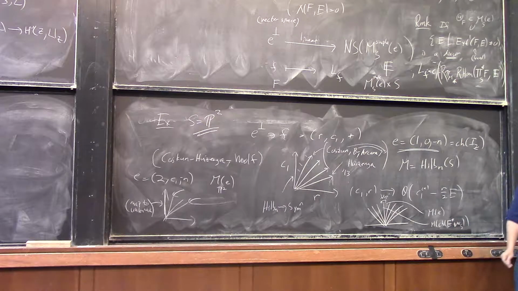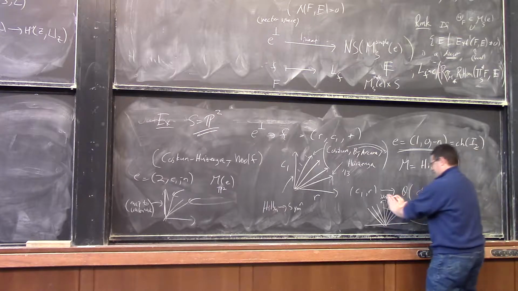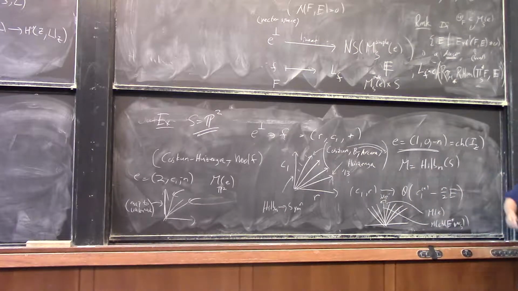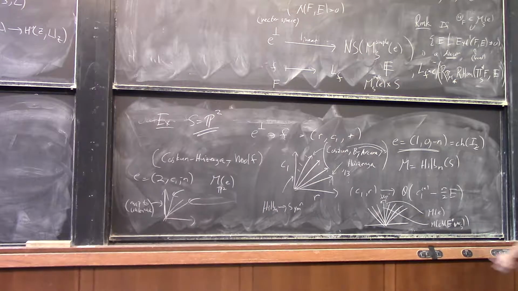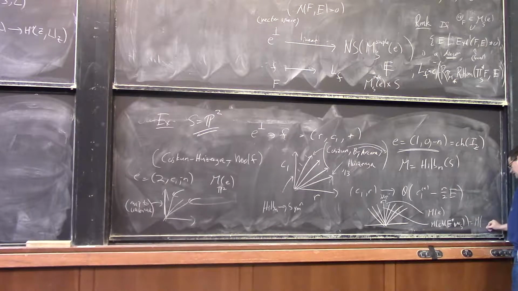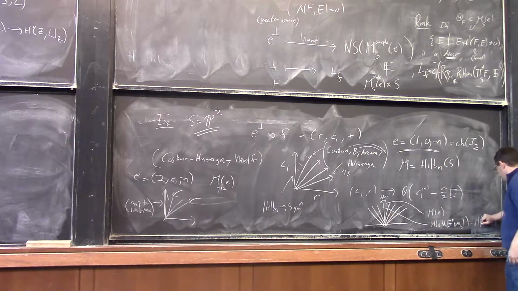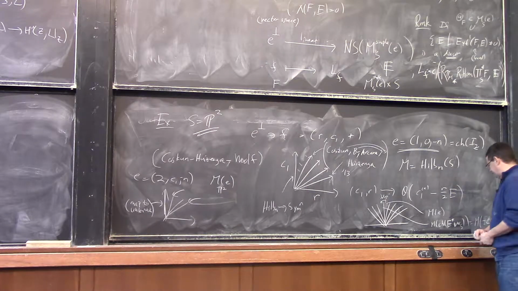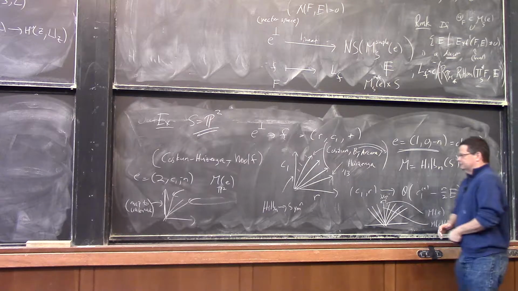They sort of fit together in this picture. If I was being a hardcore Bridgeland stability guy, I would say that's going to be the moduli for E shifted by 1, but I'll talk about that later. A minus E.